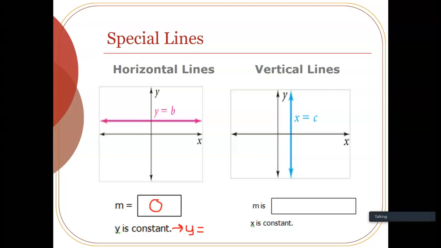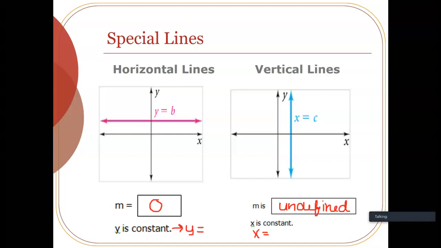A vertical line is a line that goes straight up and down. The slope of a vertical line is undefined, and it will always be x equal to a constant.